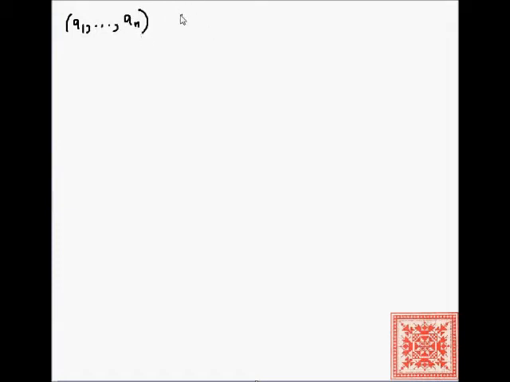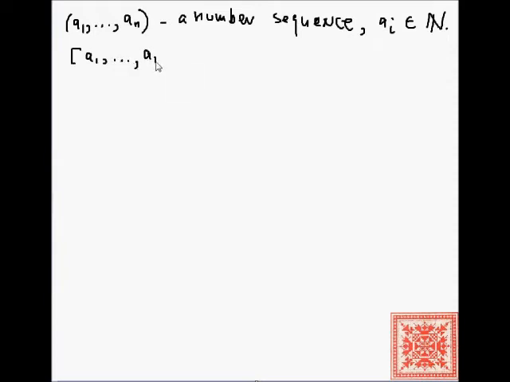So just to remind you, if we have a sequence of natural numbers, a1 through an, then the Gödel number that corresponds to that sequence is written in this square bracket notation, [a1, ..., an], and it is defined as the product of consecutive primes raised to the corresponding powers specified by a1 through an.